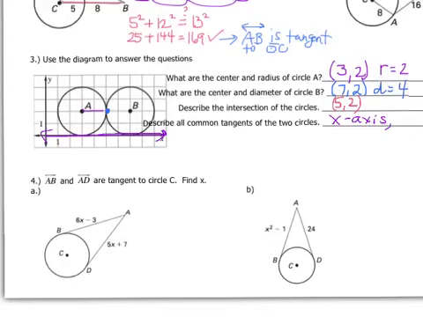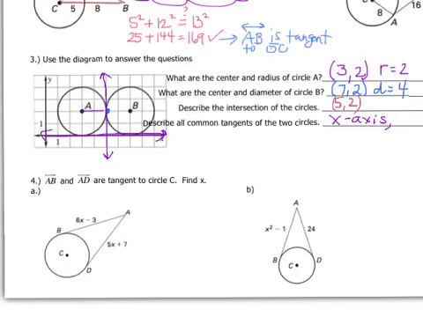Where's another common tangent for these two circles? There's an internal tangent on the 5 going up. Okay, so there's a common internal tangent for the vertical line going through 5.